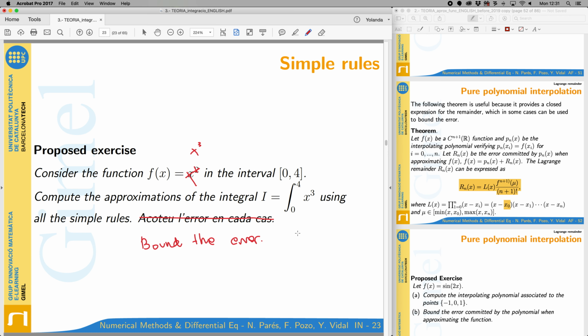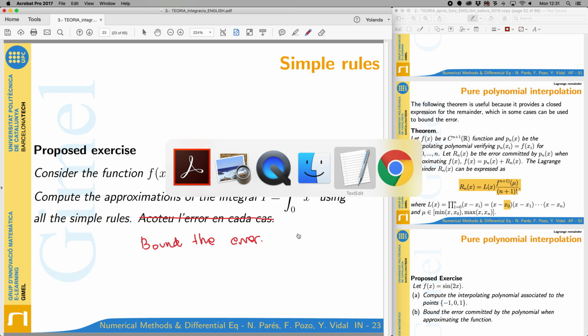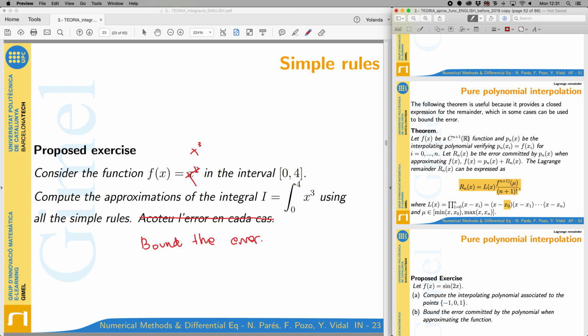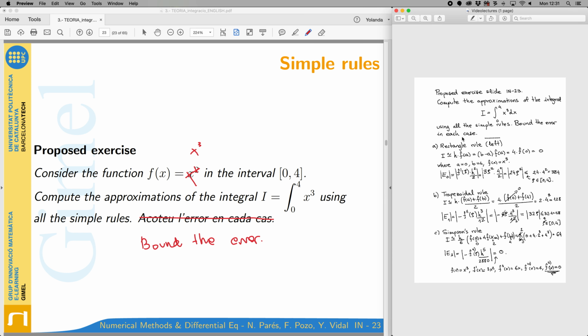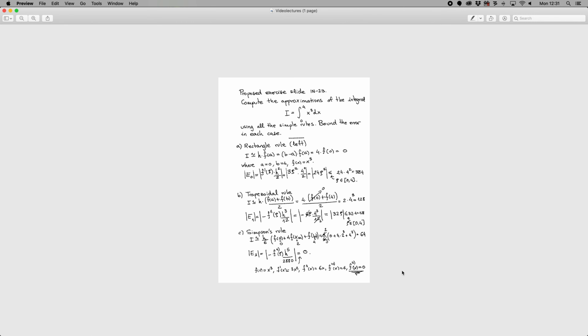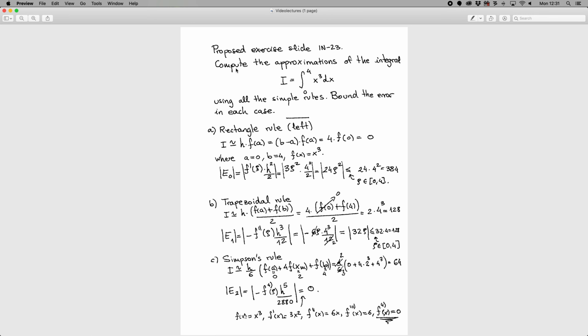Okay, let's try to do this proposed exercise. First, we write here the proposed exercise. We want to compute the approximations of this integral between 0 and 4 of this function, using all the simple rules we saw, and bound the error in each case.